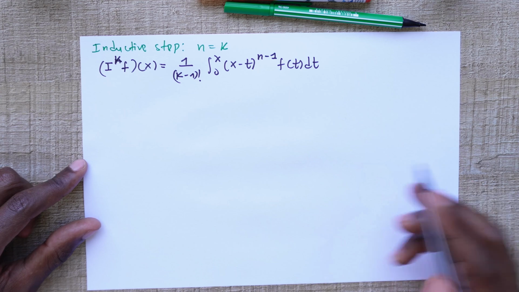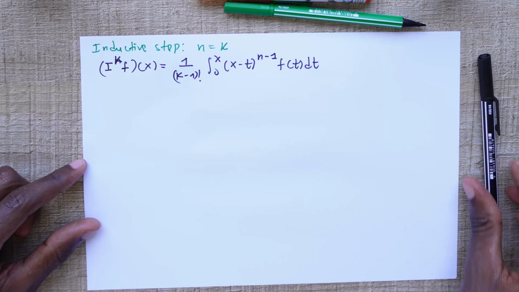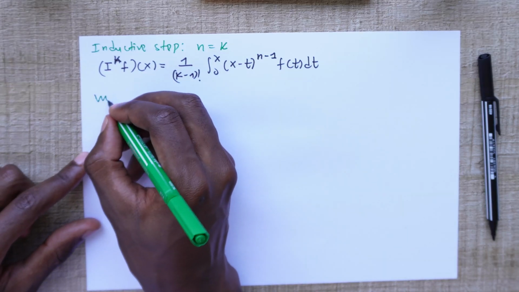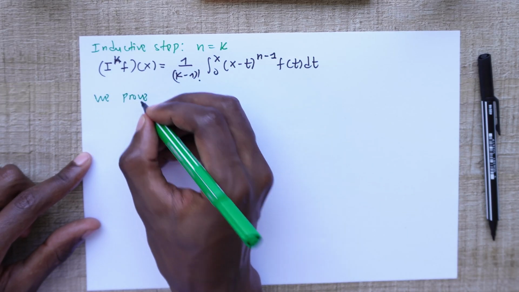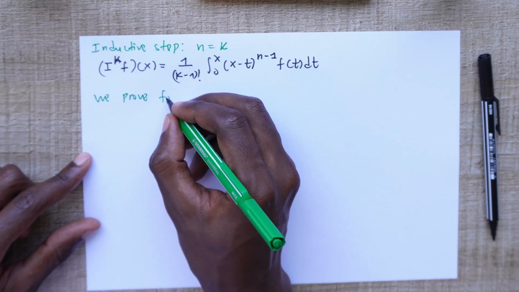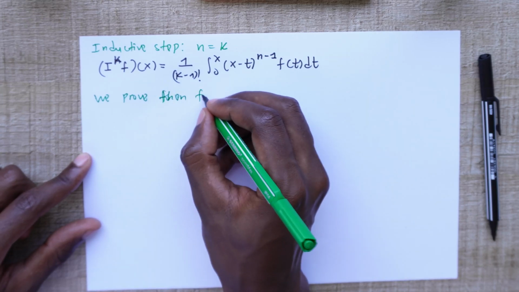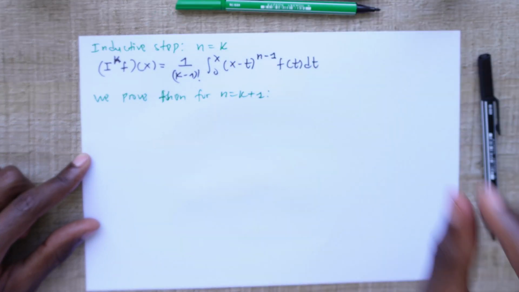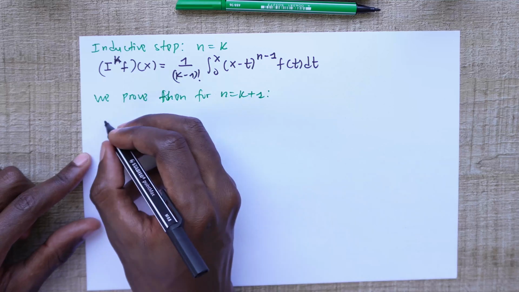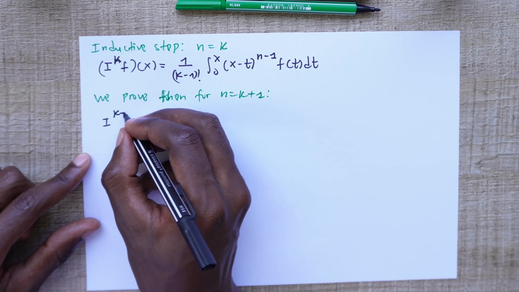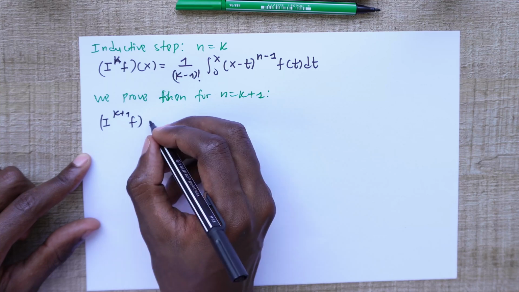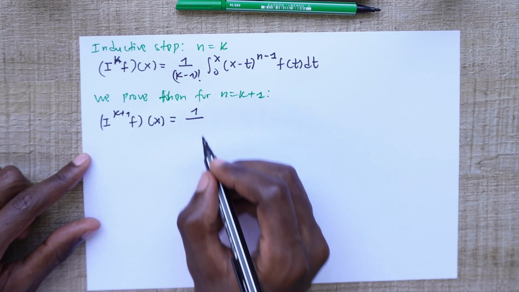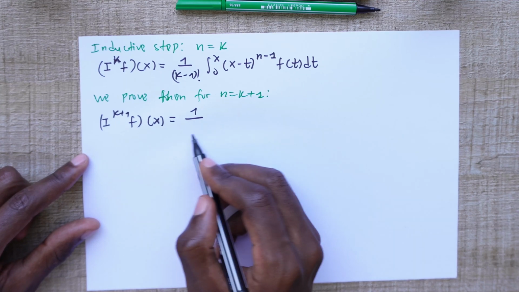Okay. And then from here, we are going to prove that this is also true for n equals k plus 1. So we prove then for n equals k plus 1. In this case, we are going to have I^(k+1) of f of x equal to 1 all over gamma of k plus 1.